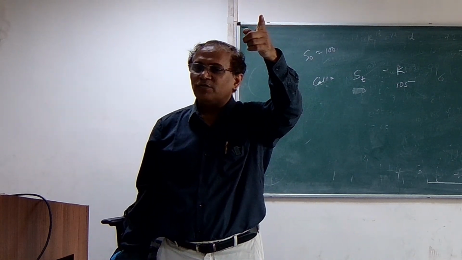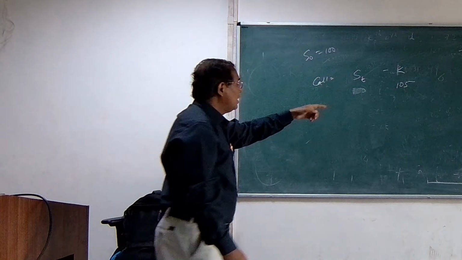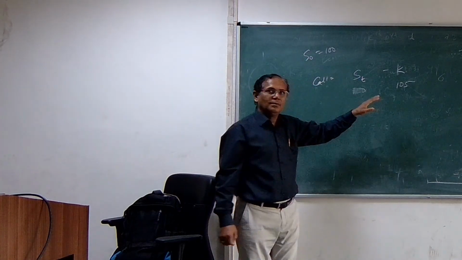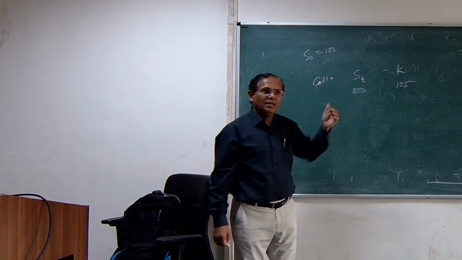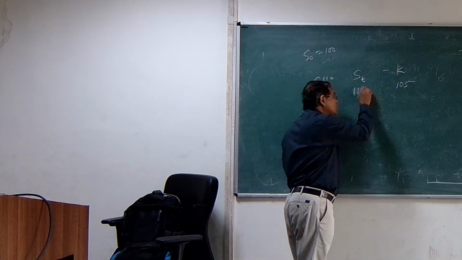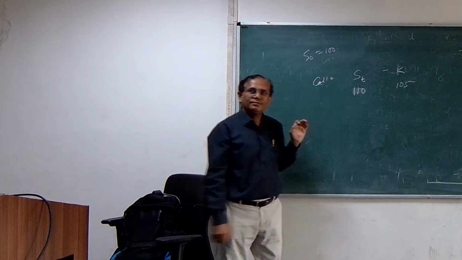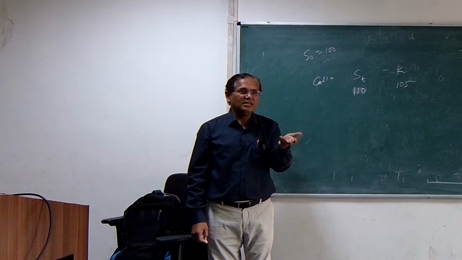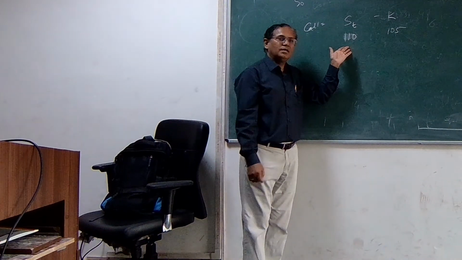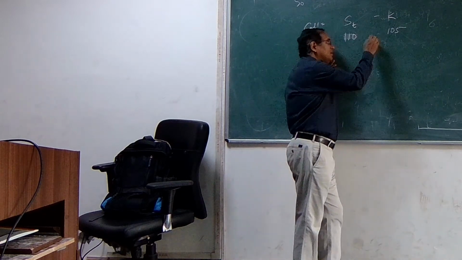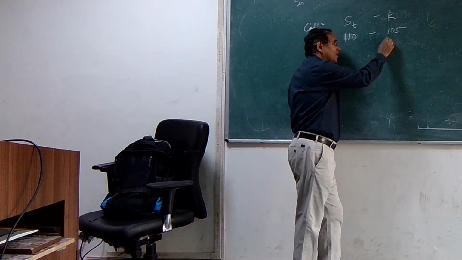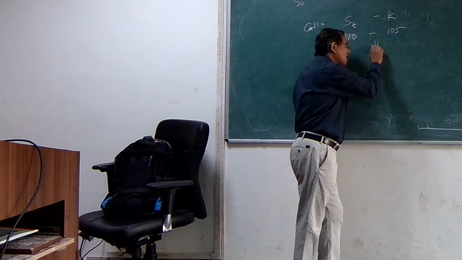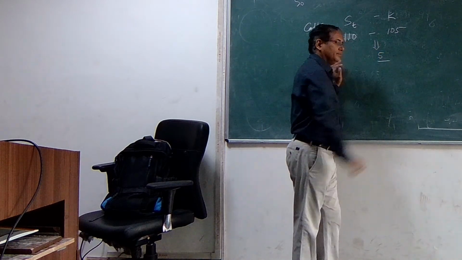At that point of time, what spot is coming, I don't know. So suppose I am expecting it could be 110, my expectation or my fear is that the price will move to 110. Then 110 minus 105, I should have at least 5 rupees premium.